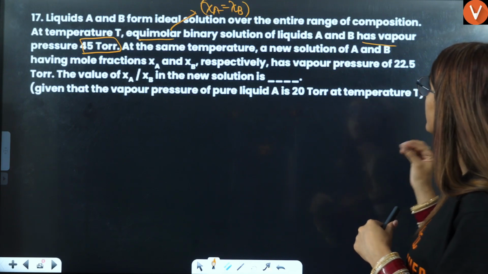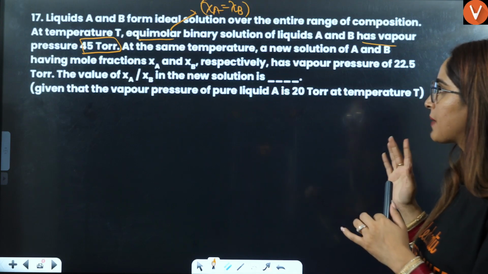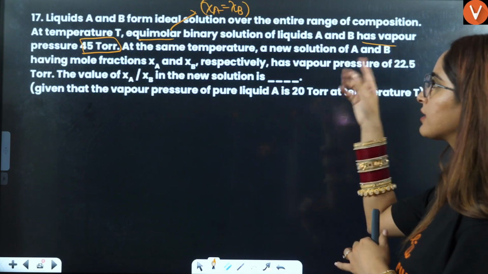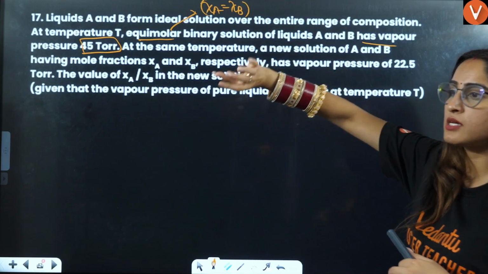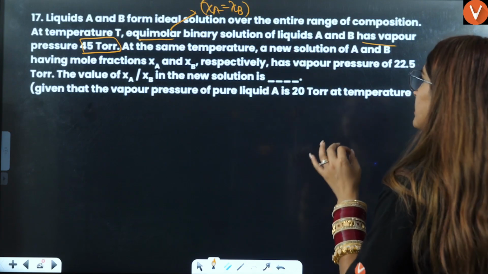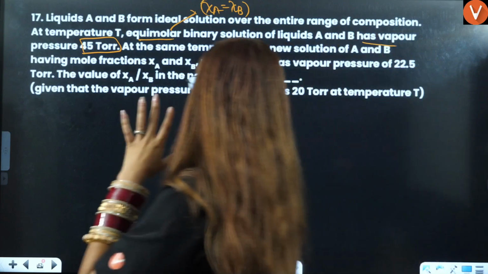At the same temperature, a new solution of A and B having these mole fractions respectively has this vapor pressure. Okay, they are saying that 45 is the total pressure of the original solution.